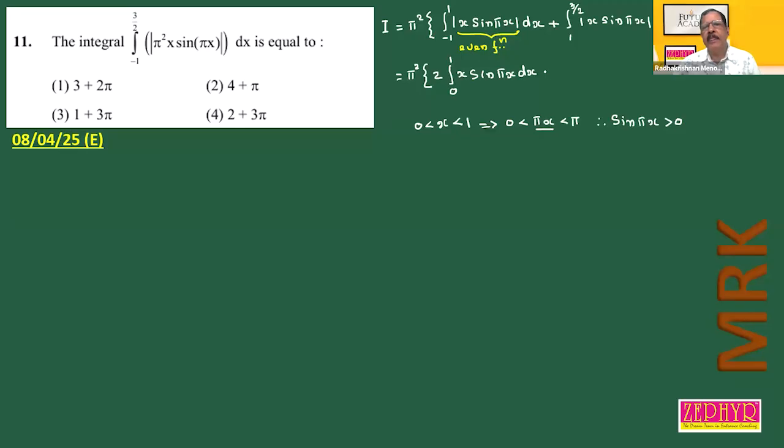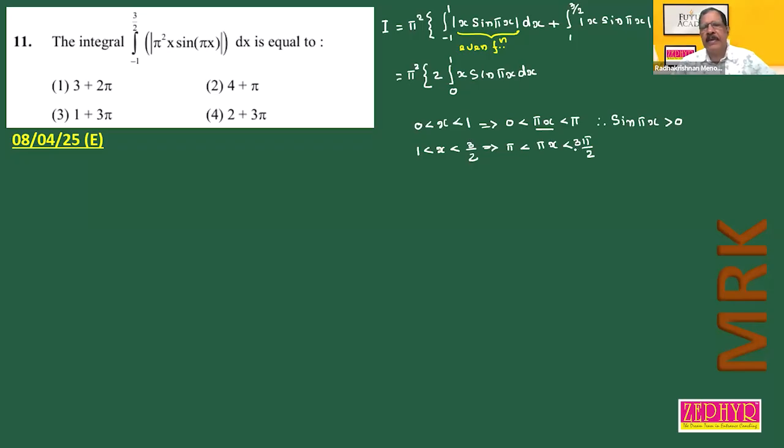I am writing x sine pi x. Here, x is lying between 1 and 3 by 2. 1 less than x less than 3 by 2. You multiply by pi, you are getting pi less than pi x less than 3 pi by 2. Which quadrant?